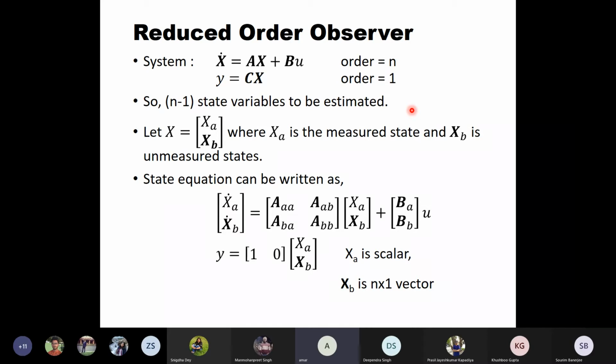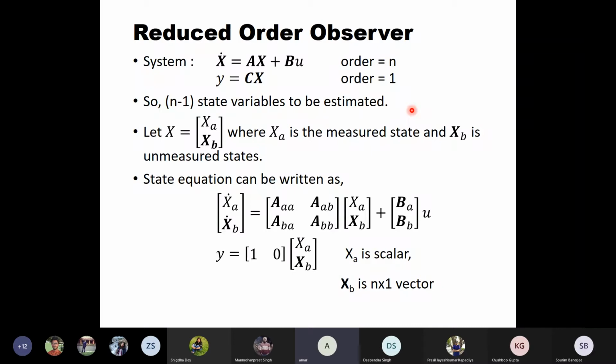Since one state variable is already measured, I break the space of the state variable x into two subspaces: one is xa, another is xb. Xa is the measured state and xb is the unmeasured states.